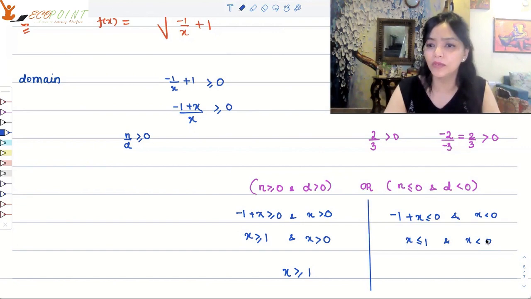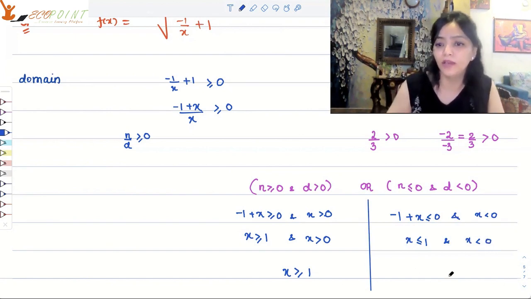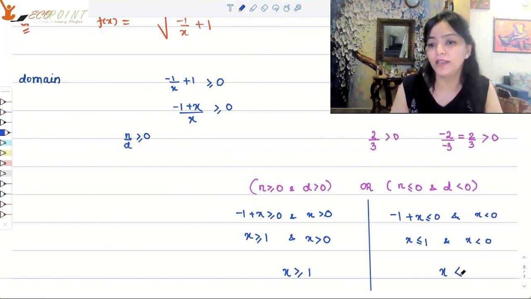What are these numbers which will be lesser than 0 and also lesser than 1? All the numbers which are lesser than 0 would automatically be lesser than 1. So hence from here, what do I get? I get that x should be less than 0, strictly less than 0, because we cannot take 0 in the denominator.